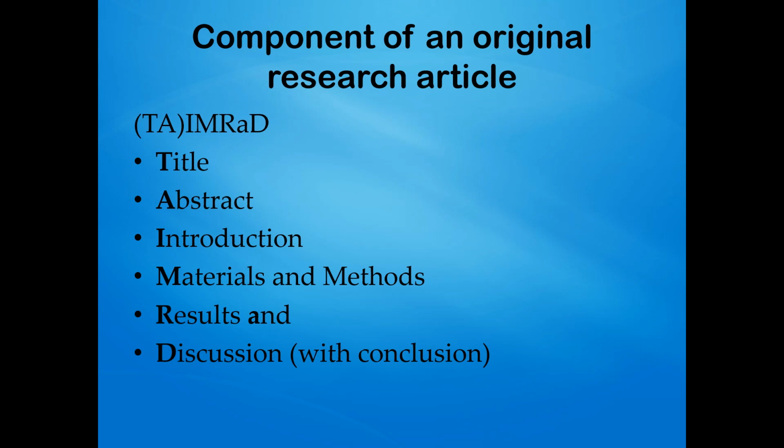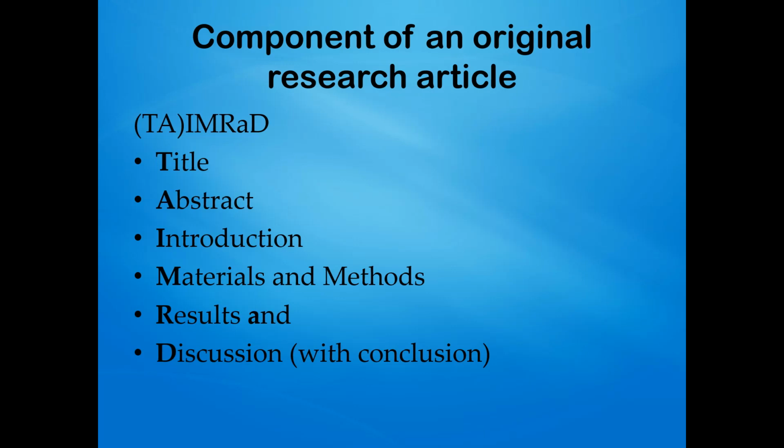I add a TA in front. So T refers to title, A refers to abstract, I refers to introduction, M refers to materials and methods, R refers to results, and D refers to discussion with conclusions. These are the essential components of an original research article.